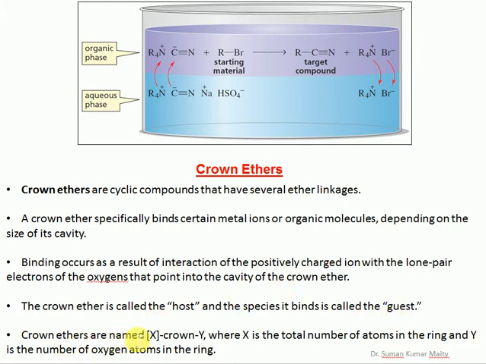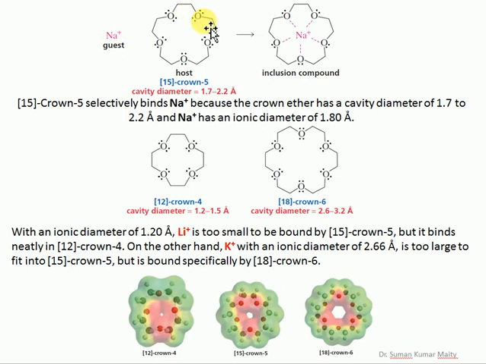Now the crown ether is named X-crown-Y, where X is the total number of atoms, only carbon and oxygen we will count here, and Y is the total number of oxygen in the ring. Suppose this is a crown ether, this is called 15-crown-5. 15 means total number of carbon and oxygen, and 5 means total number of oxygen only.